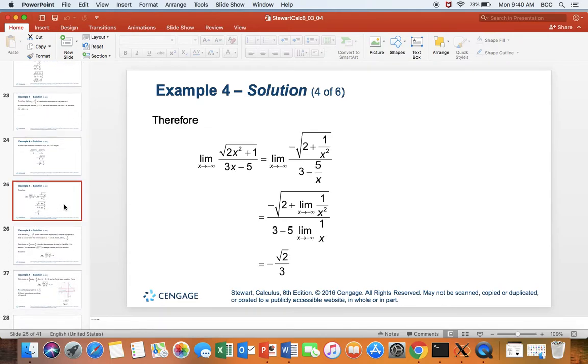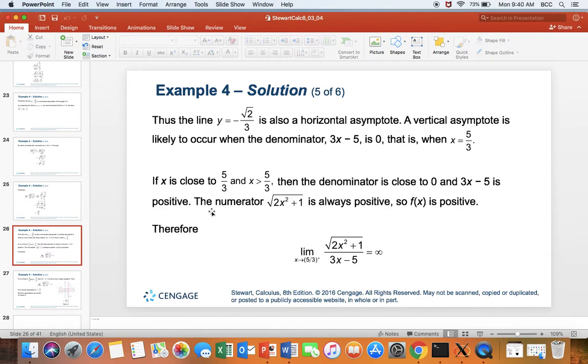Which brings me to negative root 2 over 3 as the limit. Therefore, the limit as x approaches negative infinity is negative root 2 over 3. This is also a horizontal asymptote. So we got two horizontal asymptotes.